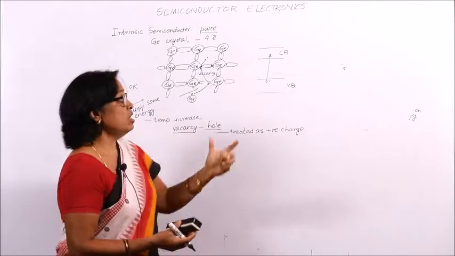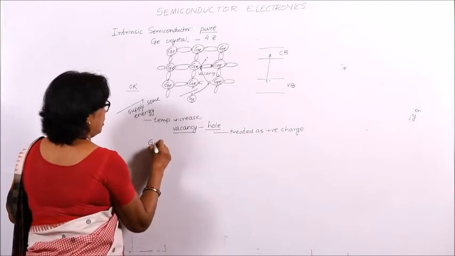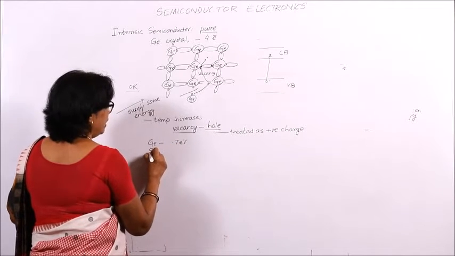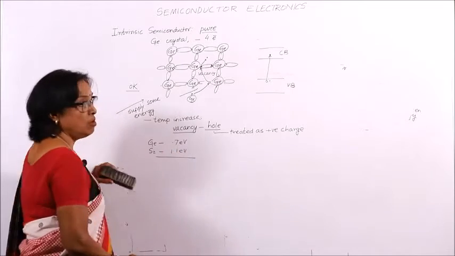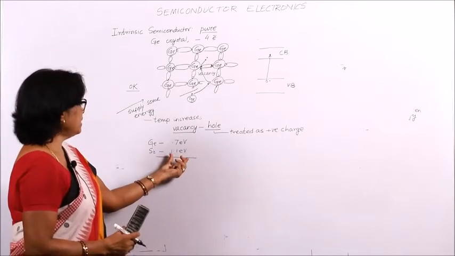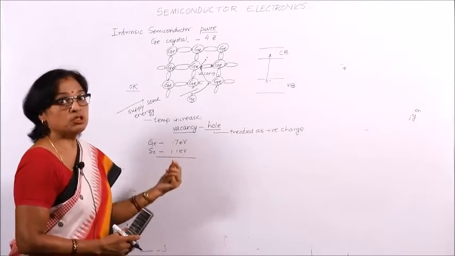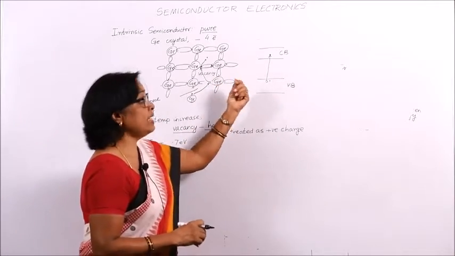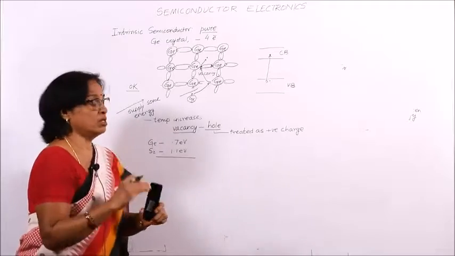For example, for germanium you need 0.7 electron volt and for silicon you need 1.1 electron volt. That means the forbidden energy gap for silicon is 1.1 electron volt, for germanium it is 0.7 electron volt. If you give this much energy, an electron can go from the valence band to the conduction band, and now it is conducting.